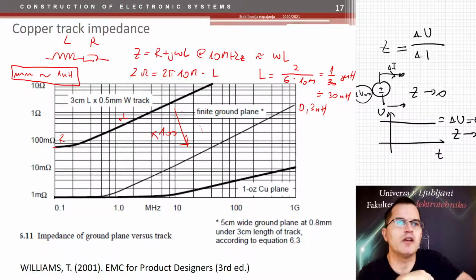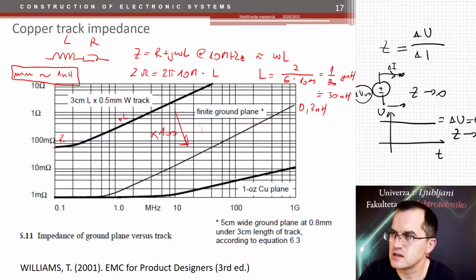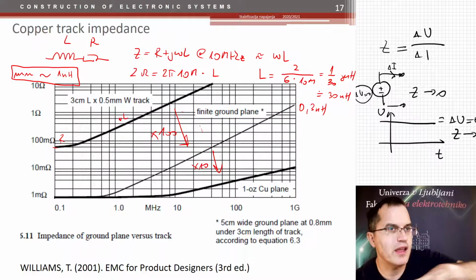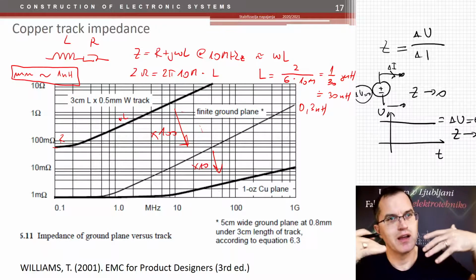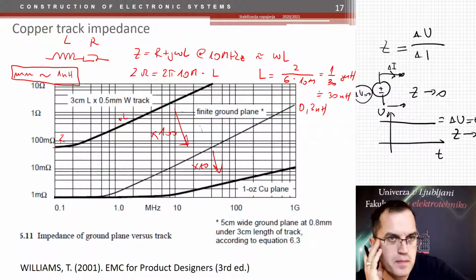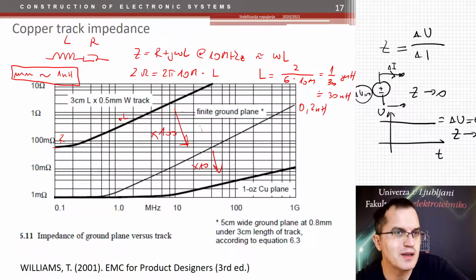And if you have an infinite copper plane, which is this line here, it would be even 10 times less. So it makes sense to have wide planes to supply power to all parts of the circuit. But you can do that only if you have several layers available. If you have only 2, then you are quite limited.